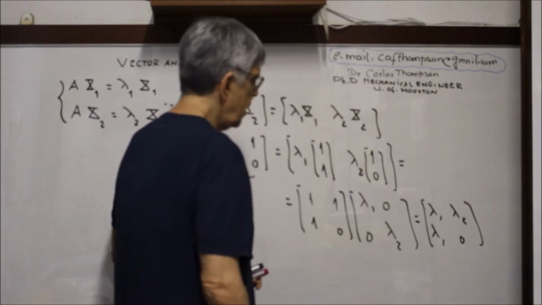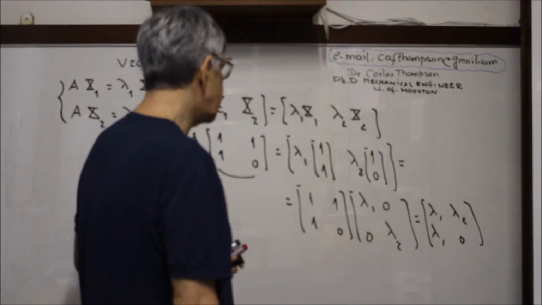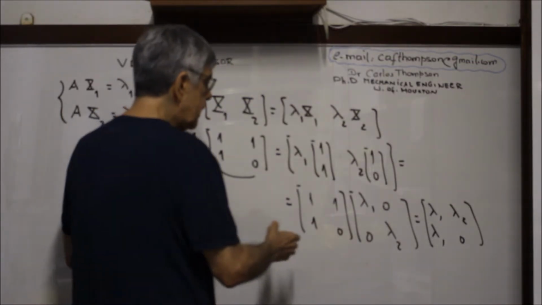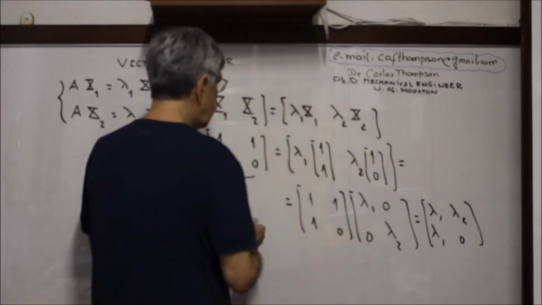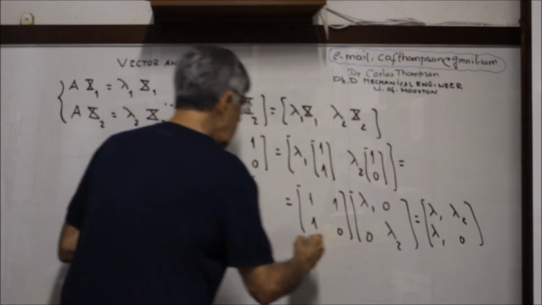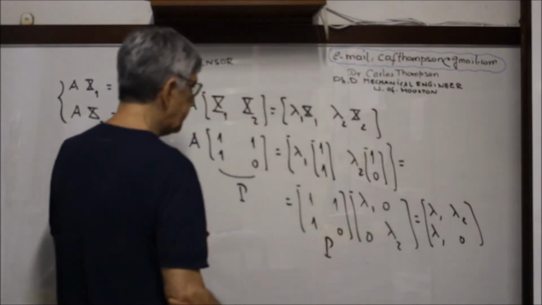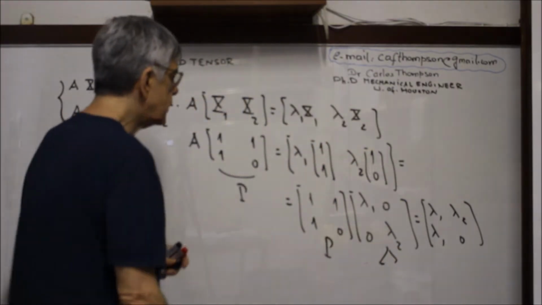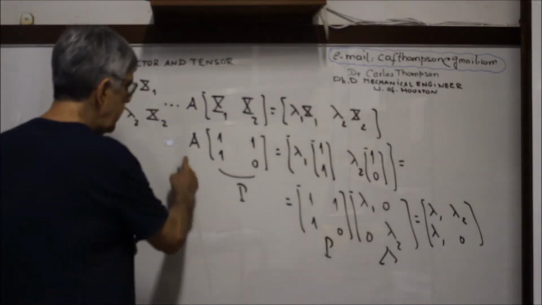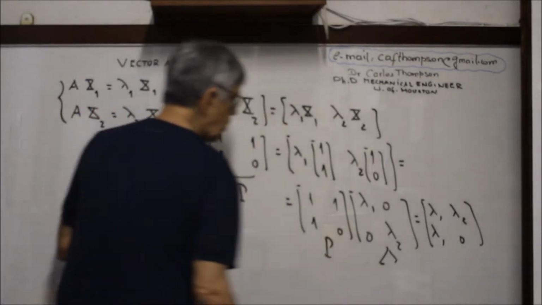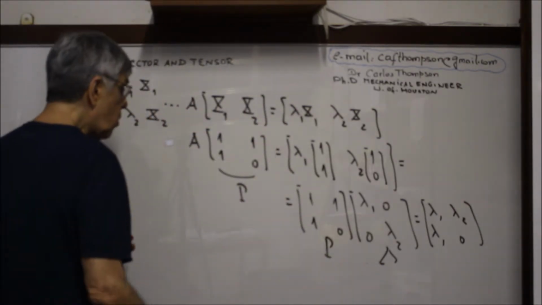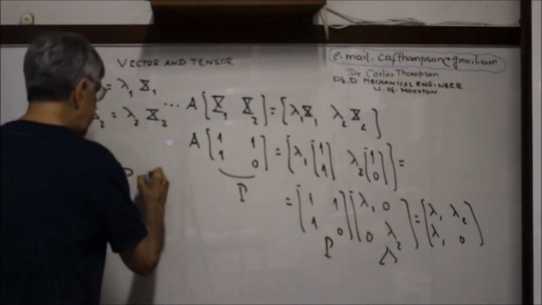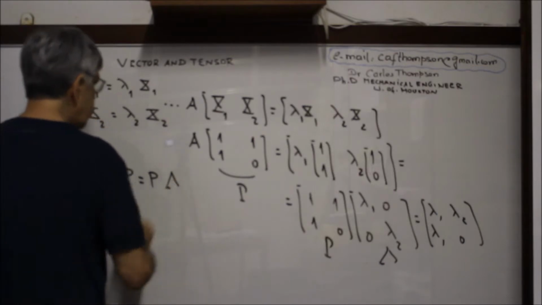Now, from this, we can see clearly that we can call this P, and this big lambda is called a diagonal matrix. So, AP equals P capital lambda.